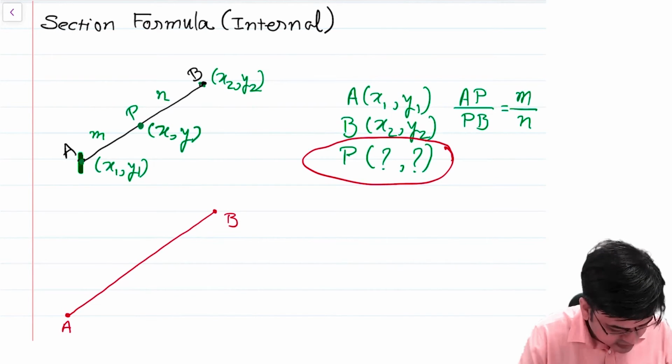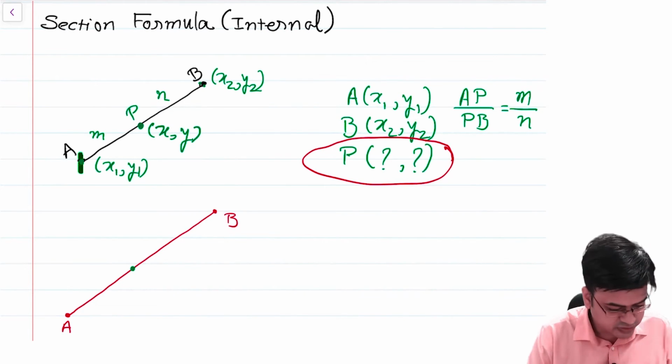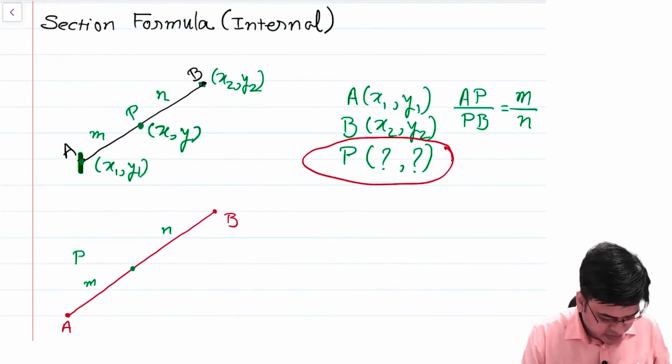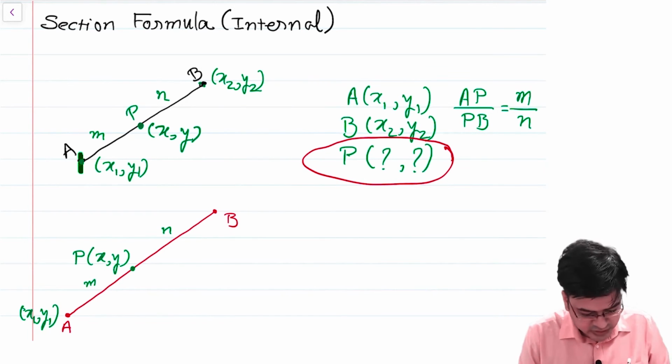Let us say it is somewhere here, and that point P cuts the line in m:n ratio. So m is here, n is here, and the point P is here. But let me write the coordinates of the point on the left hand side so that it will not intervene into my diagram. So this is x1 y1, this is x2 y2.